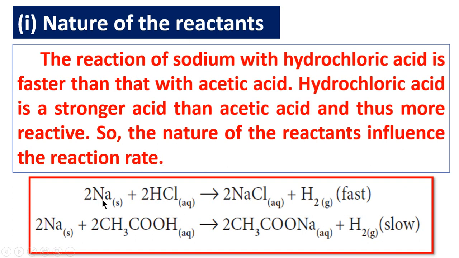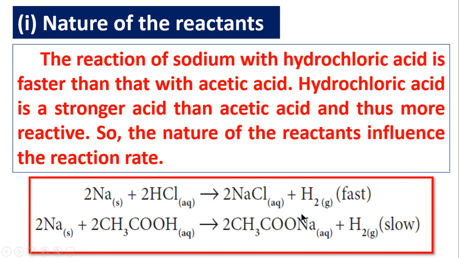For example, Na, sodium reacts with hydrochloric acid. It gives sodium chloride, NaCl, with the liberation of hydrogen gas. This is a fast reaction because hydrochloric acid is a strong acid. Second equation, sodium Na reacts with acetic acid, CH3COOH.